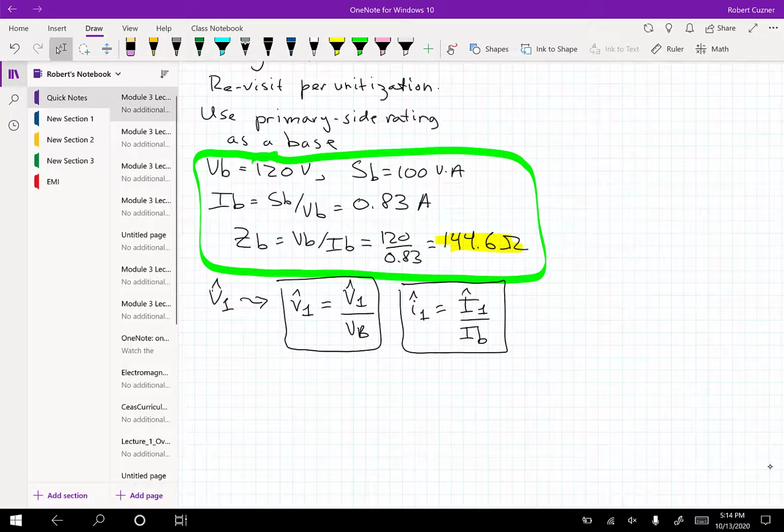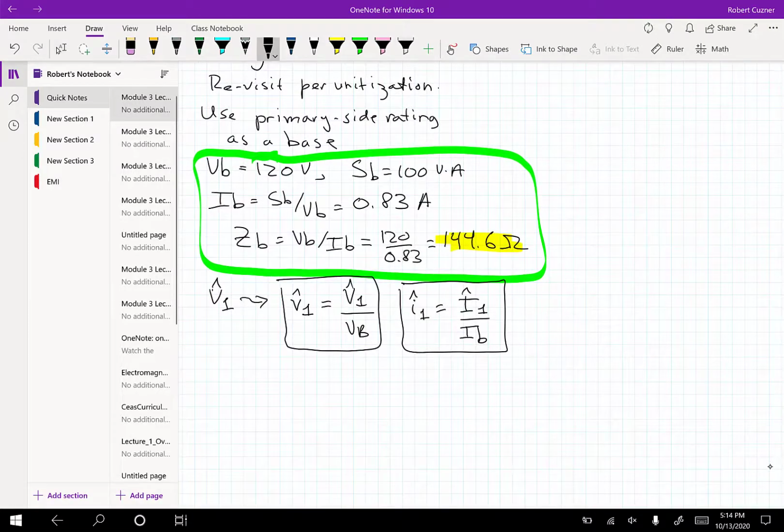And any impedance that we have, so we could find a little r1, that'll be our per unit r. That will be r1 divided by Z base. XL1. I was already using a little thing, wasn't I, there?